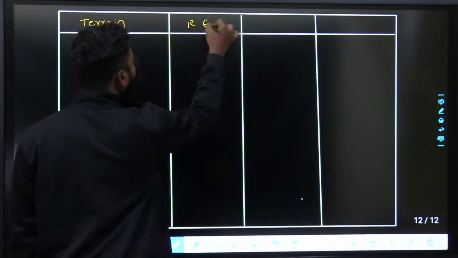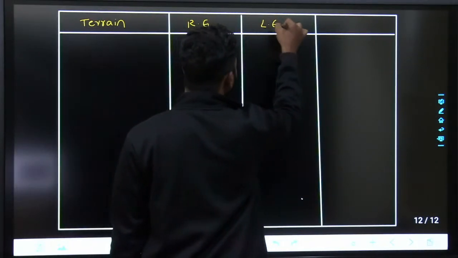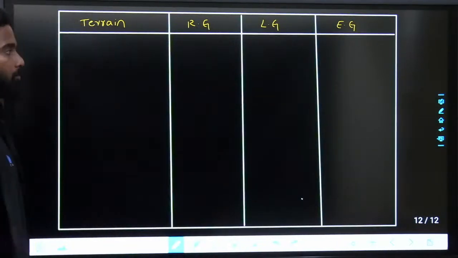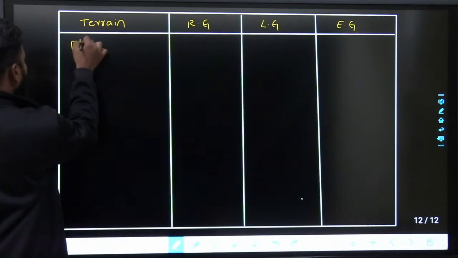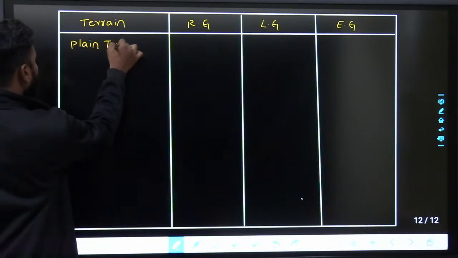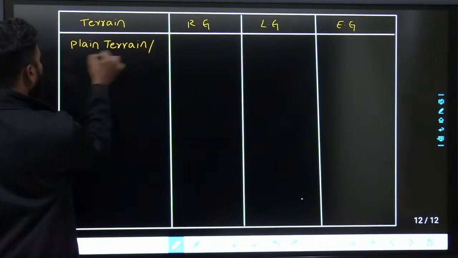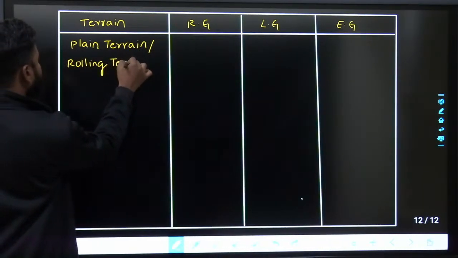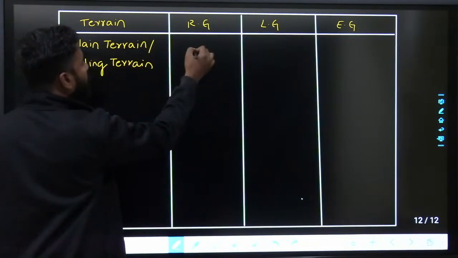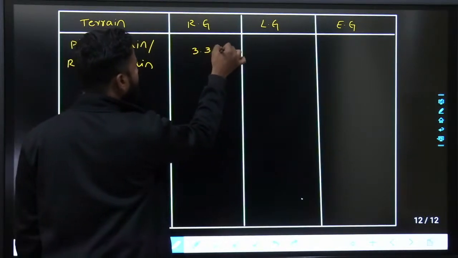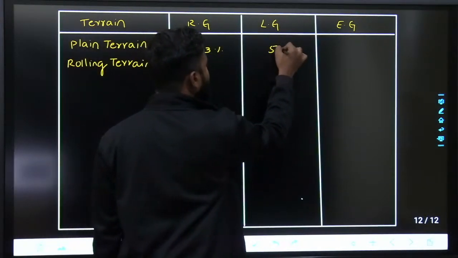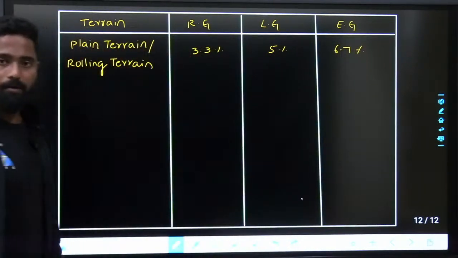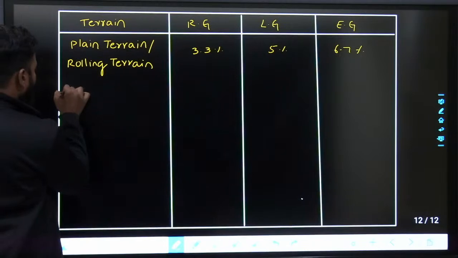Terrain, ruling gradient, limiting gradient, exceptional gradient. First one is plane terrain, or rolling terrains. For rolling terrains or plane terrains, ruling gradient should be 3.3%, limiting gradient is 5%, exceptional gradient is 6.7%.